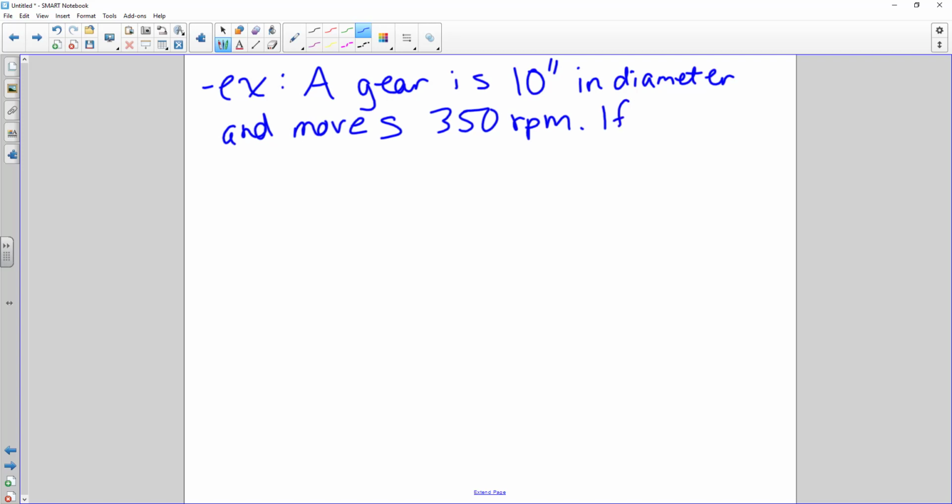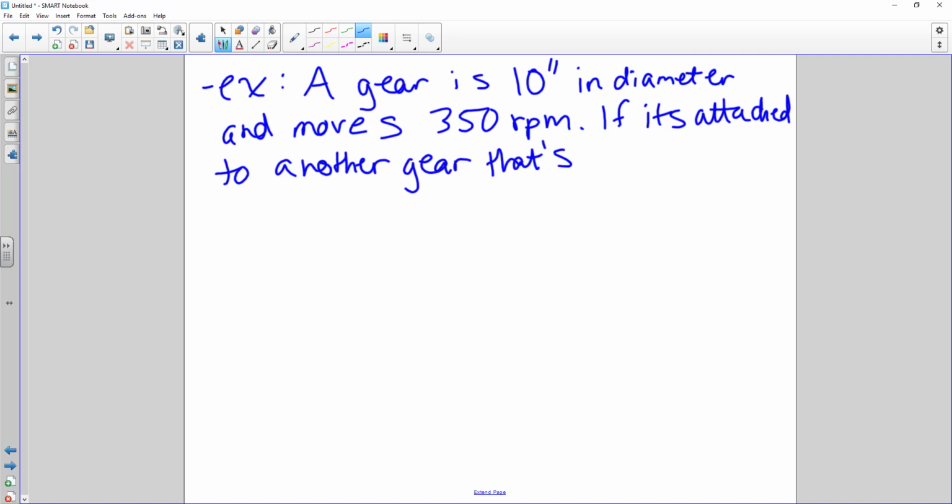If it's attached to another gear that's 4 inches in diameter, how fast is that gear turning?